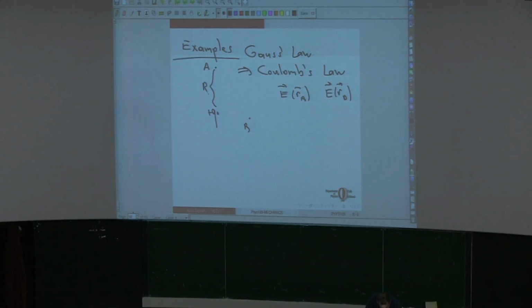Let's say this is at a distance r, this is at a distance r. Since we said that we have this rotational symmetry, if we rotate our system, nothing should change. I can just take my system, rotate it such that point A comes to the point B, and nothing should have changed. That tells me that their magnitudes should be the same.